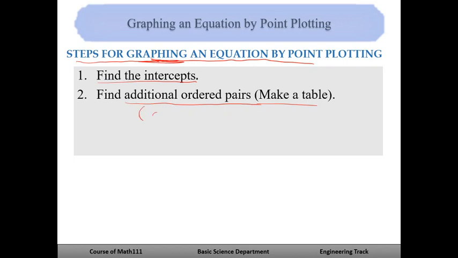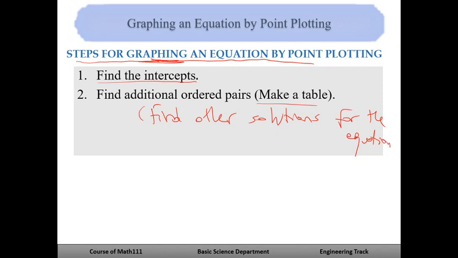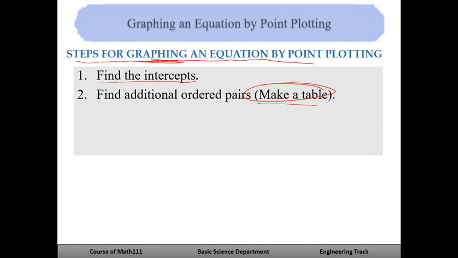I mean, find other solutions for the equation. You can make a table when doing this. Generally, we make a table, and then plot the ordered pairs.